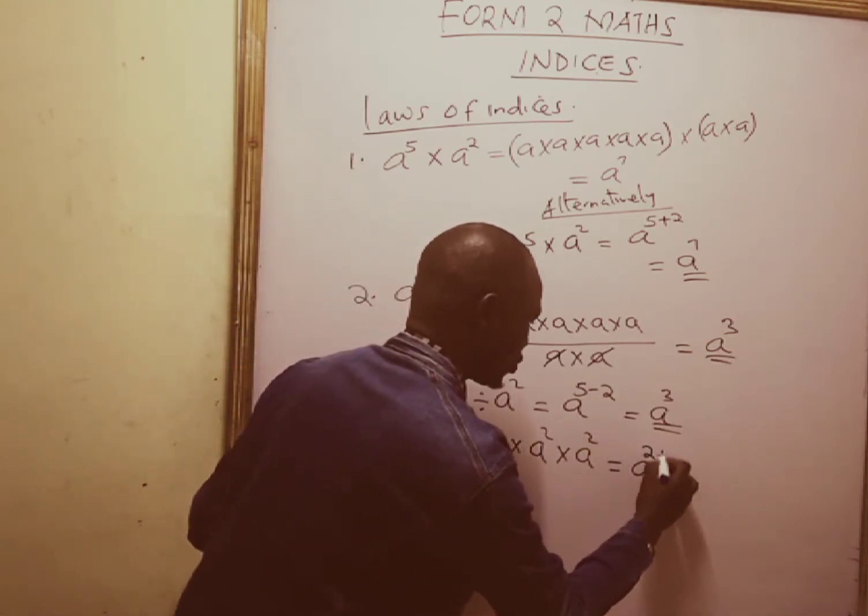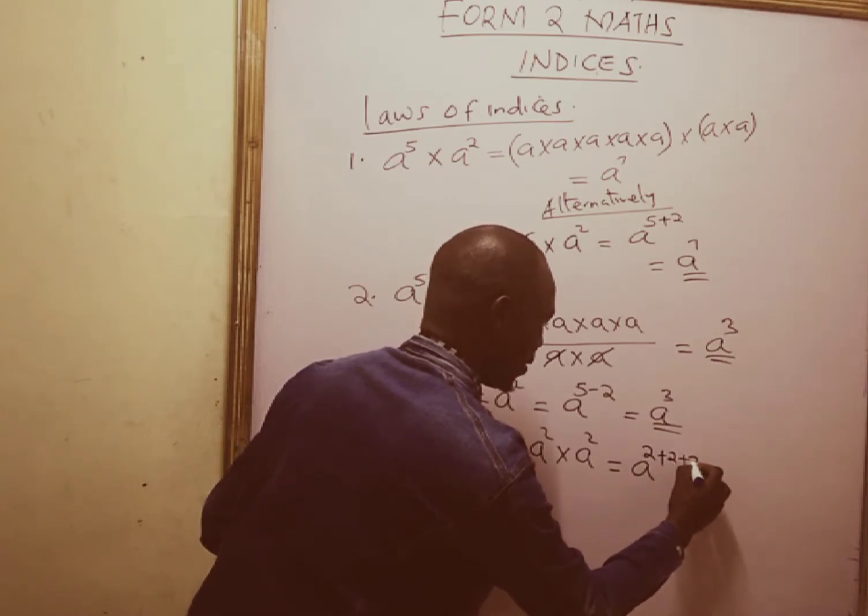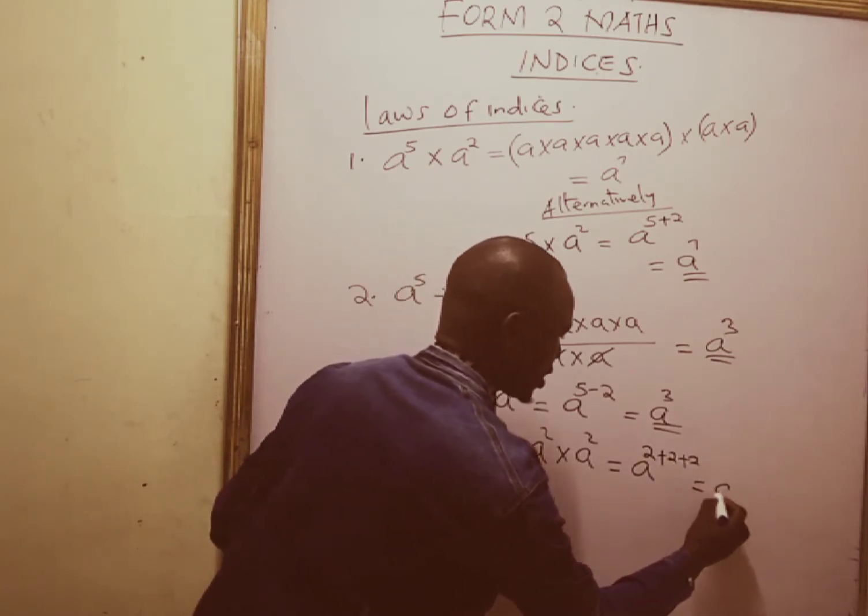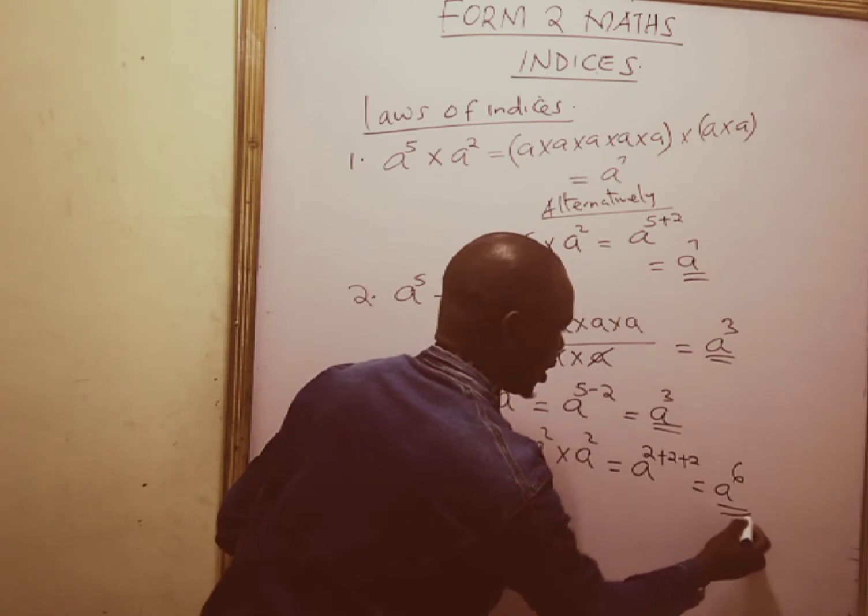We are going to have 2 plus 2 plus 2, giving us a into the power of 6.